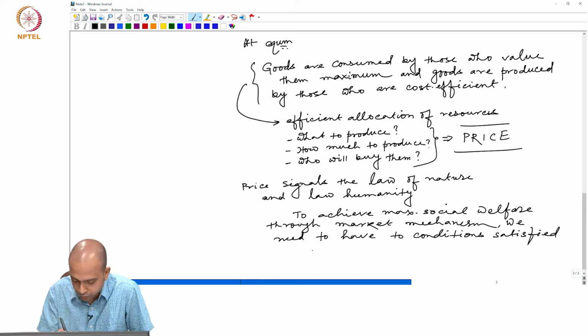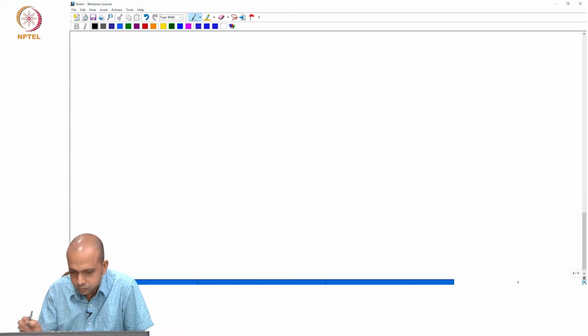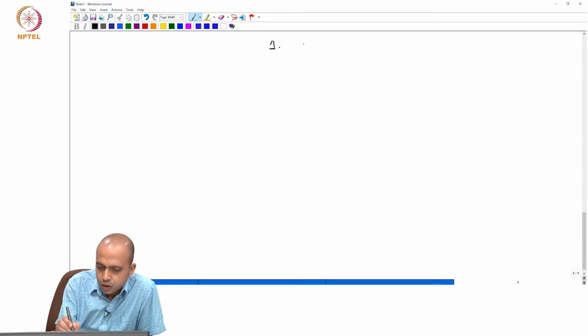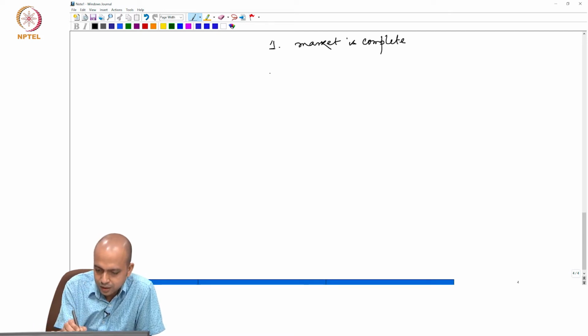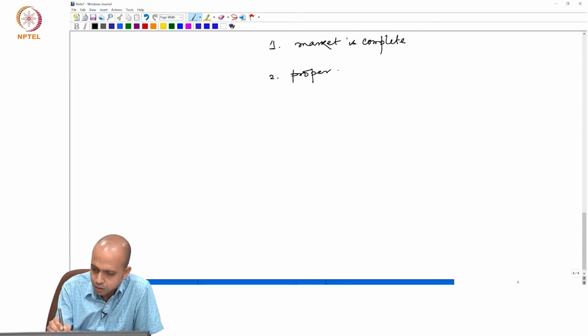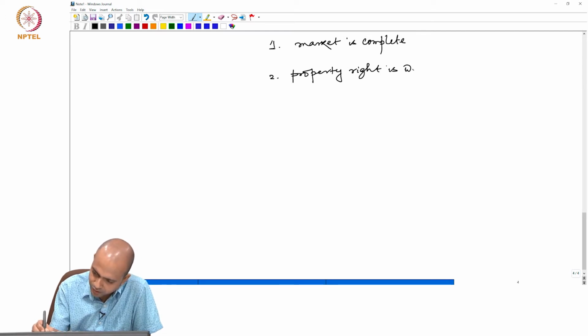What are those? Firstly, the market is complete, and secondly, property right is well defined.